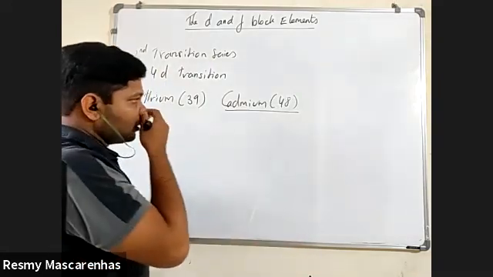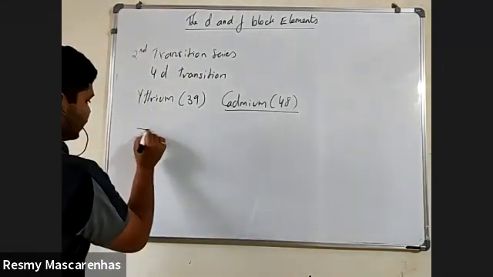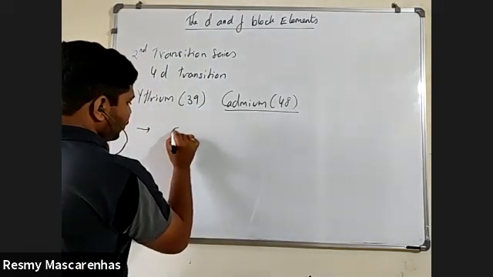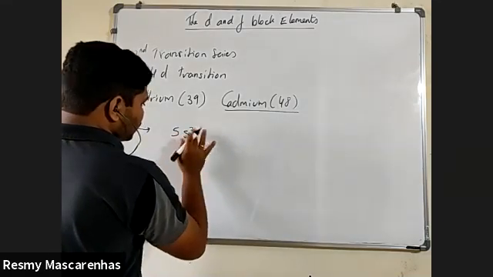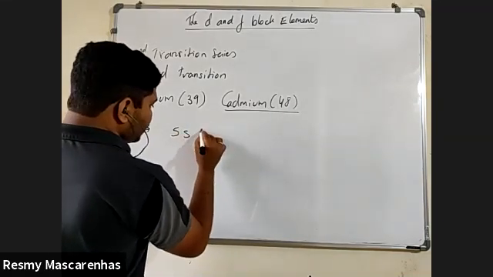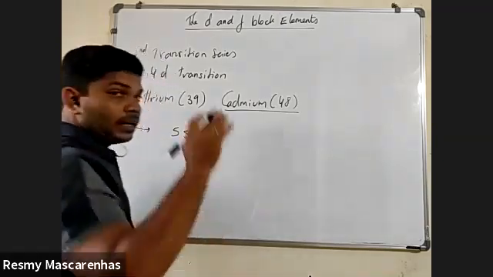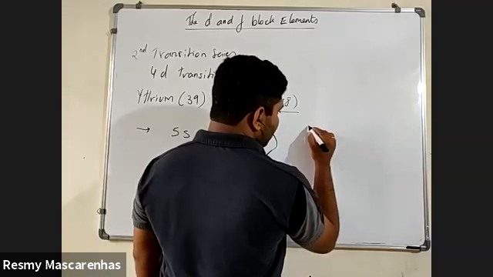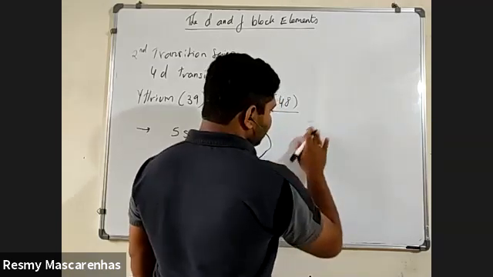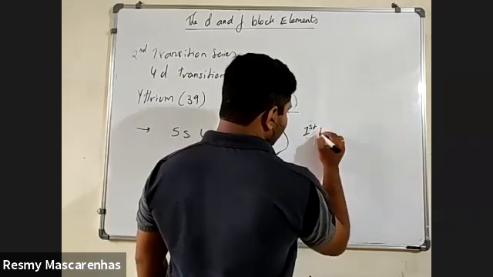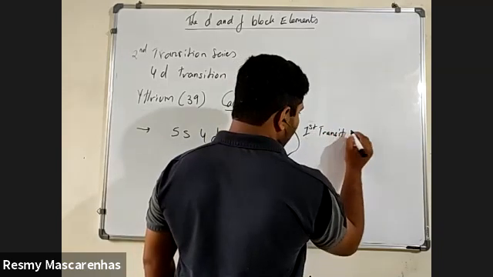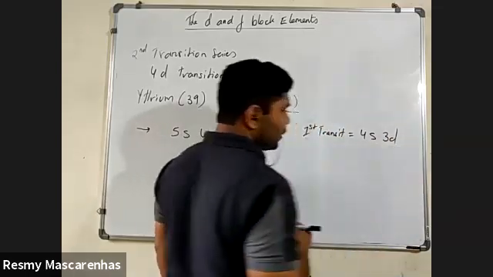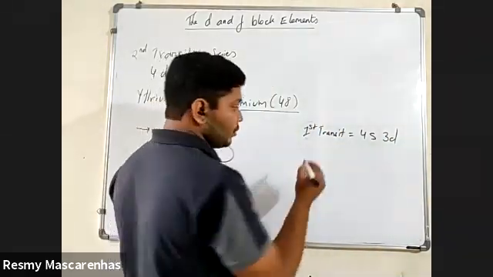Cadmium is the last element in the fourth transition series. Now the electronic configuration in this case will be 5s2, okay, 5s4d. Earlier, like here in 3d, the first transition series, it is 4s3d electronic configuration.